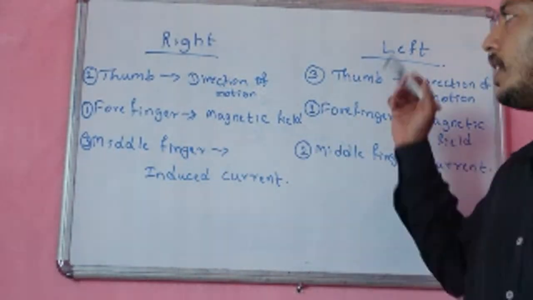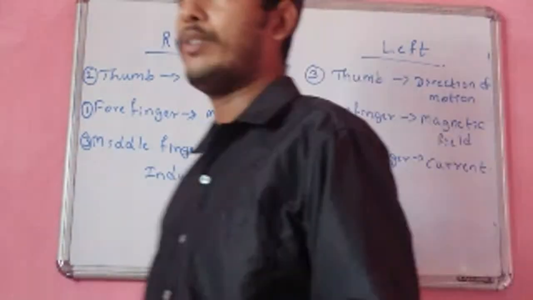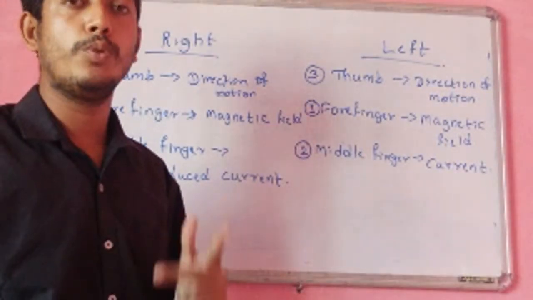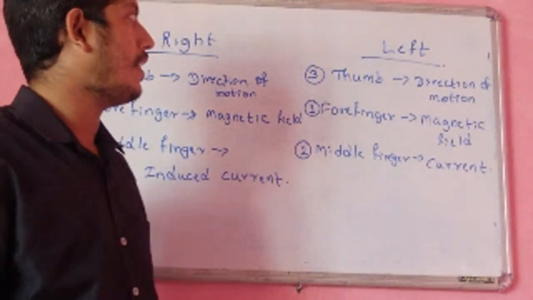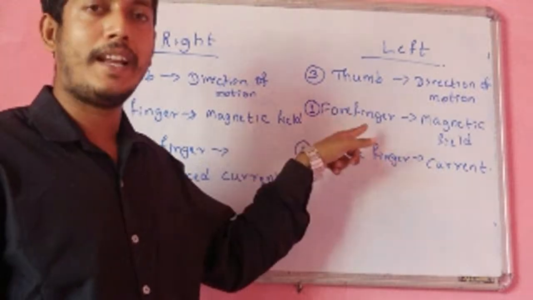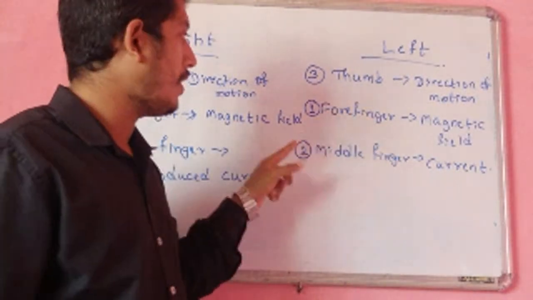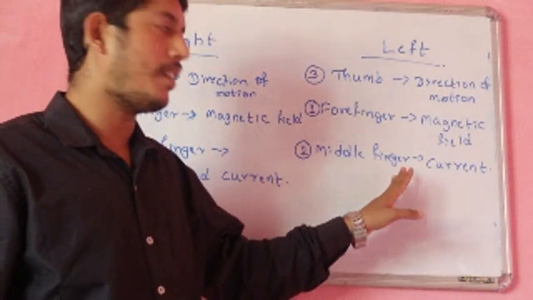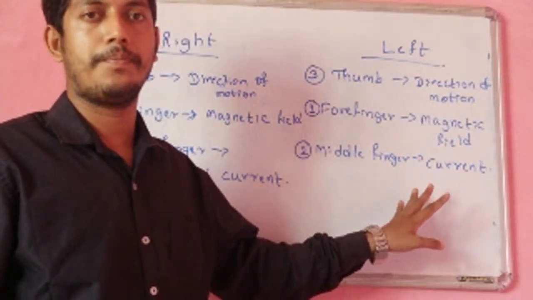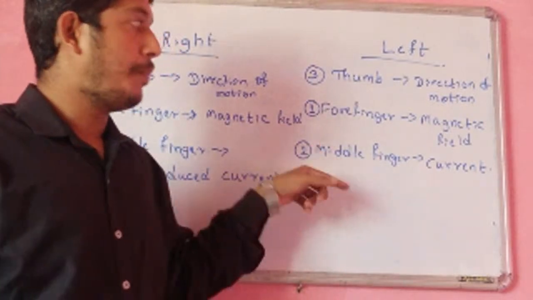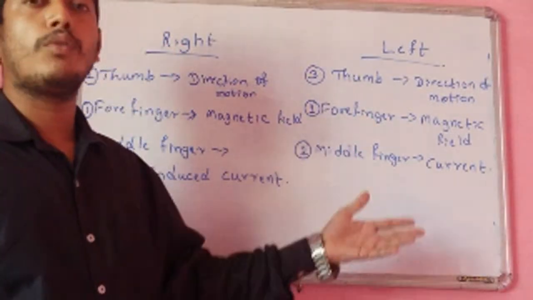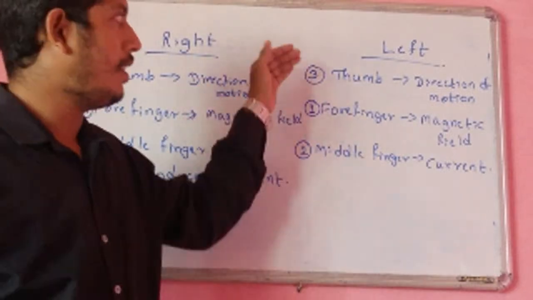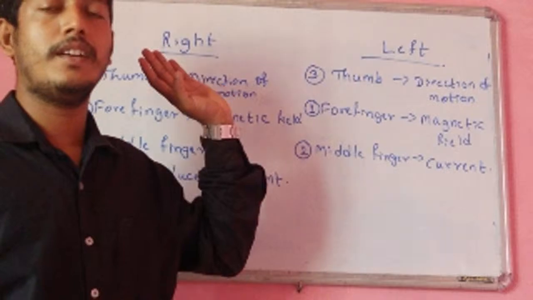Similarly, in Fleming's left hand rule, when we hold the first three fingers of the left hand mutually perpendicular, the forefinger represents the direction of the magnetic field, and the middle finger shows the direction of the current. So don't write induced current here, directly current. Based on this current and magnetic field, we find the direction of motion, so the thumb is in the third place.